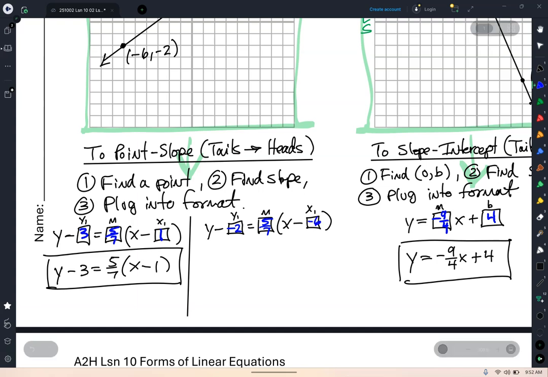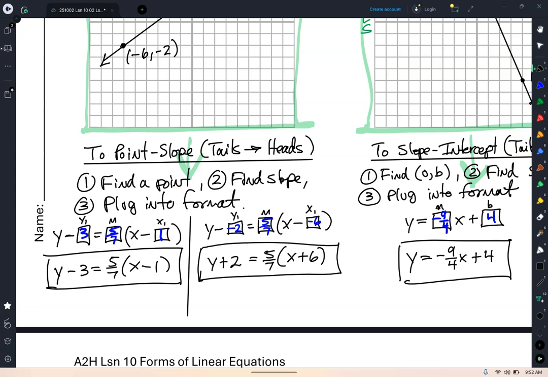All right, now, what happens when we go y minus a -2? Oh, negative minus a negative becomes a plus. So then if we were to clean this up, now our format is going to look like y plus 2 is equal to 5/7 times x plus 6.